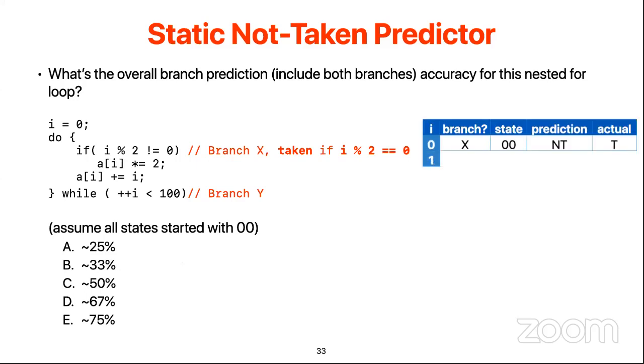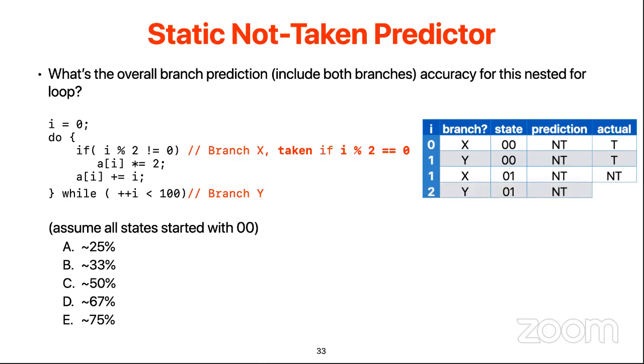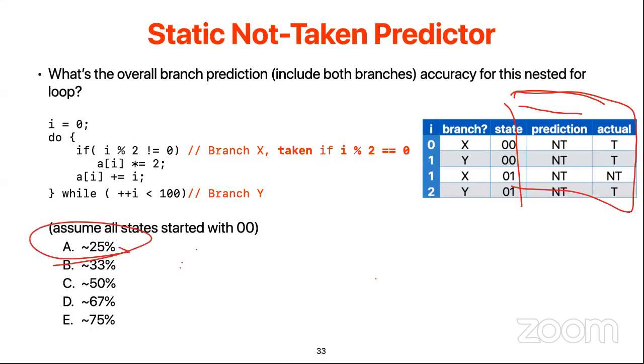Right. So if you keep iterating this one, this time, is it taken or not taken? Not taken. Right. So you will repeat this pattern forever, and then you will see the answer will be A in this way, because you only get it right 1 of the 4, right?